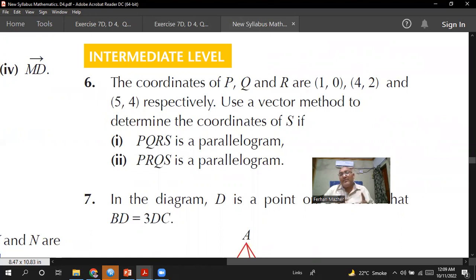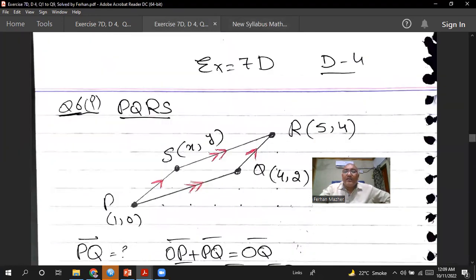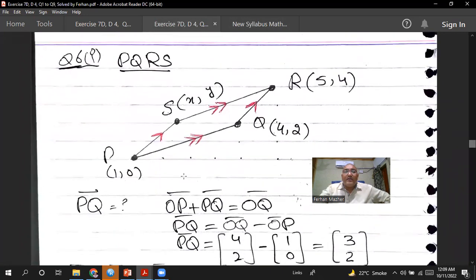Okay. So in this parallelogram, P will be joined with the Q, Q with the R, R with the S. S we don't know. We want to find out its coordinates. You remember that the trick is very simple. You know that it's a parallelogram. So PQRS.